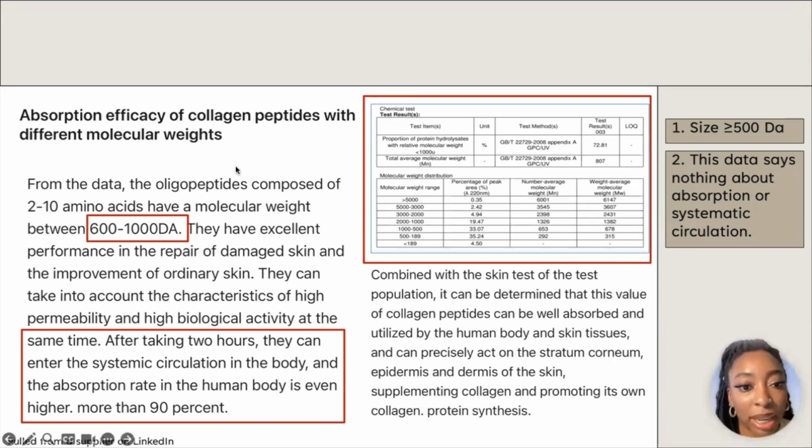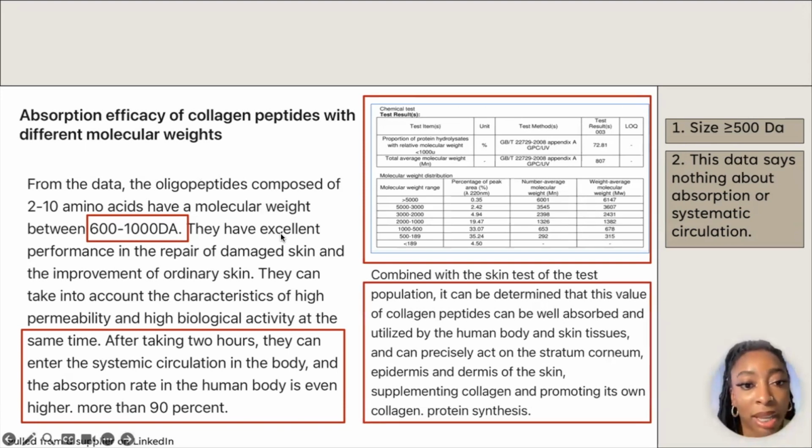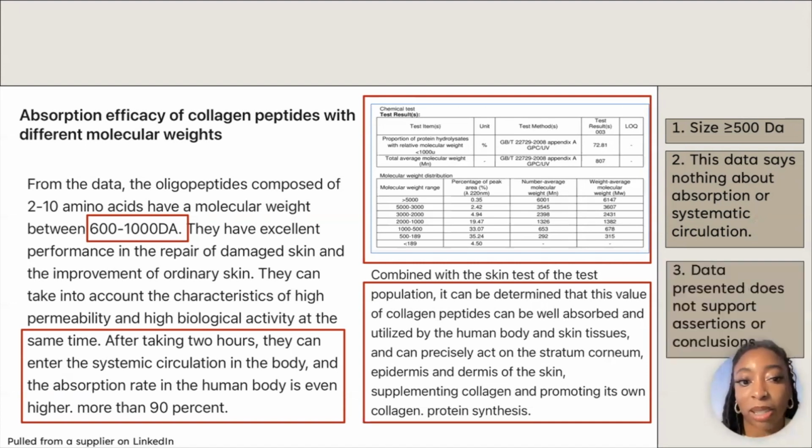At the end, it says that collagen peptides can be well absorbed and utilized by the human body and skin tissues, and they can act precisely on the stratum corneum, epidermis, and dermis of the skin and supplement collagen by promoting collagen production and protein synthesis. The data that is presented here does not support these assertions or conclusions.